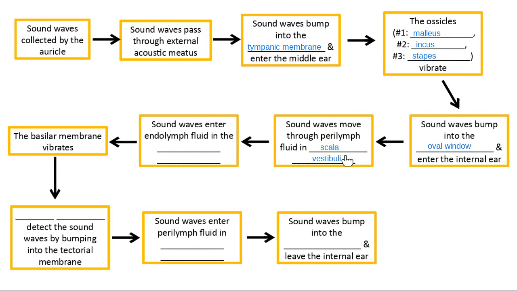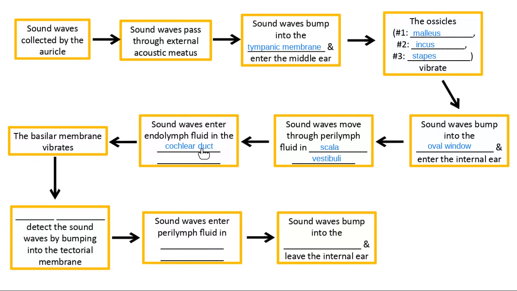Then remember, they bounce and bounce and bounce down scala vestibuli until they find the specific place on the middle tube called the cochlear duct. When they find the place in the cochlear duct where they could be heard, they go from scala vestibuli into the endolymph fluid in the cochlear duct.